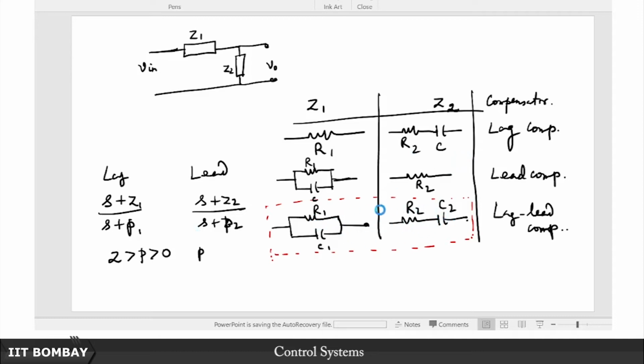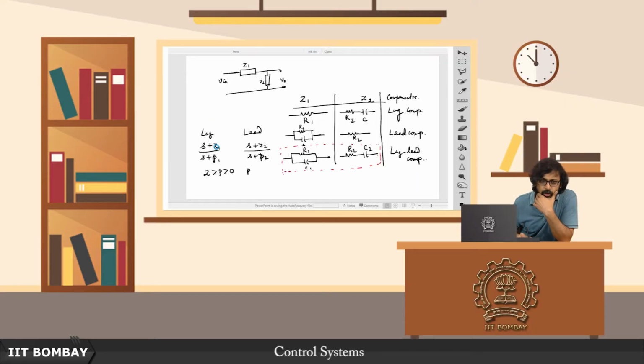By virtue of the structure of this lag lead compensator, whatever the ratio is in this form, if you put it in this structure and do a little algebraic manipulation, you will see that the ratio of Z1 upon P1 is the same as the ratio of P2 upon Z2.